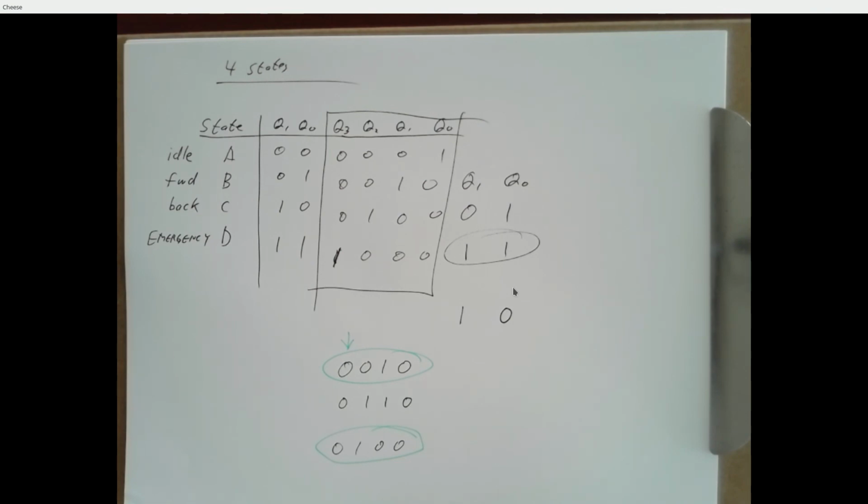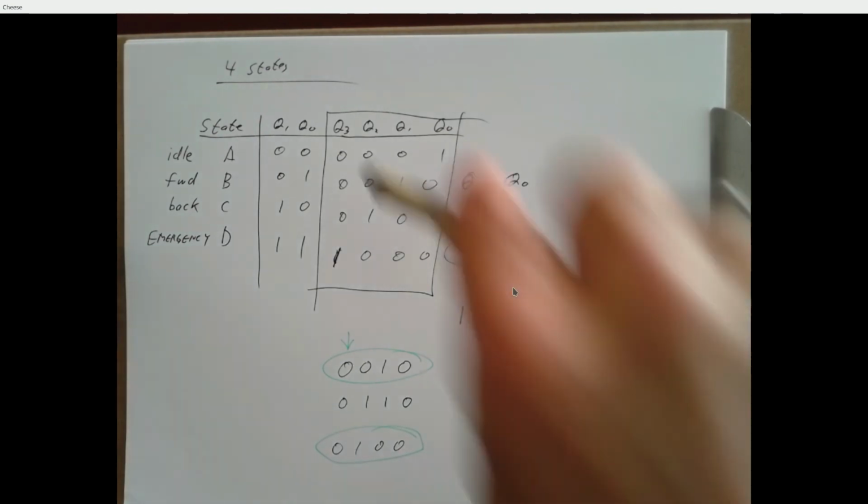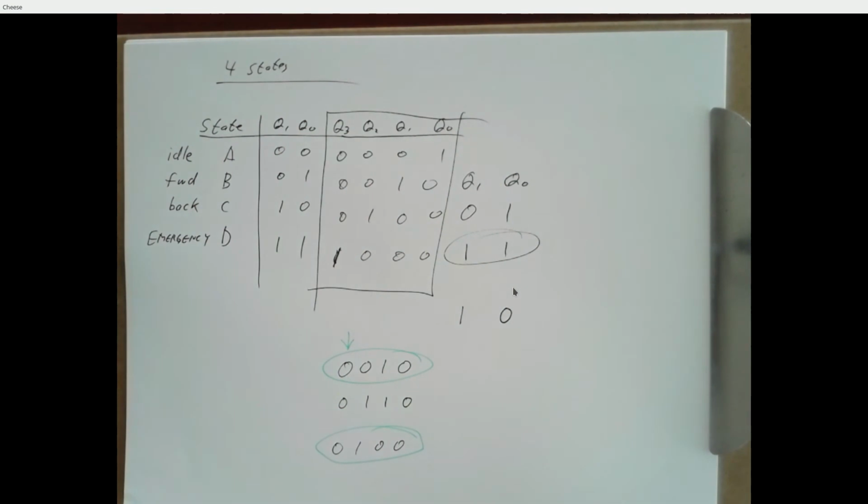Because when we move from one valid state to another valid state, we turn off one bit and we turn on another bit. The bit we turn off is the one that is on right now, and the bit that we turn on is the one that we want on eventually. And we're never going to turn on any other bits. So we'll never accidentally think that we're in state A or state D in this case.